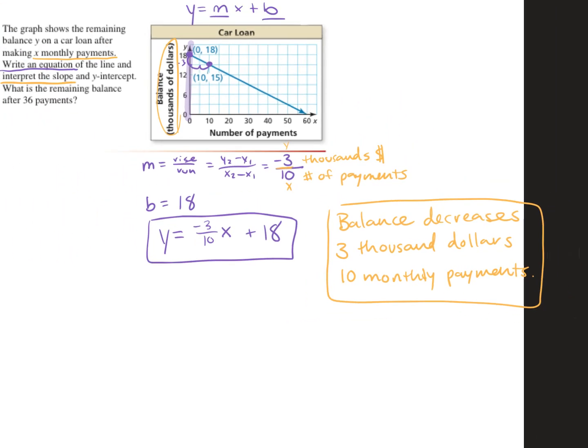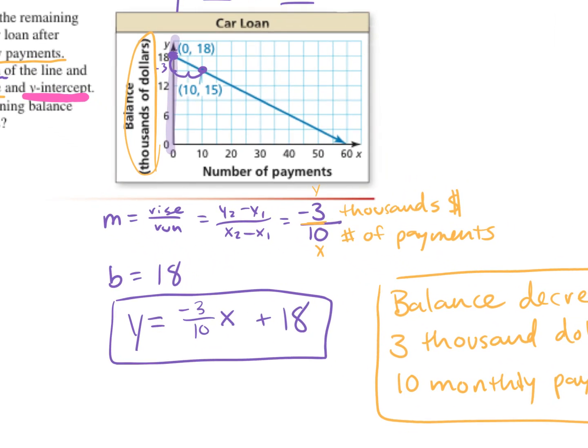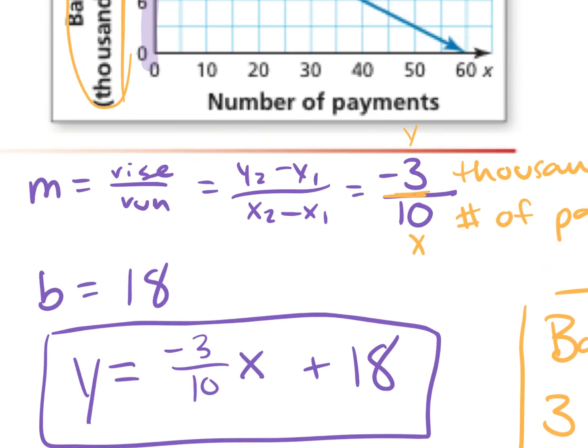This question asks us also to interpret the y-intercept. So the y-intercept is here. When our monthly payment was 0, our y was 18. So what does that mean? We're talking about a car loan. So at the start, how much was the loan? $18,000.